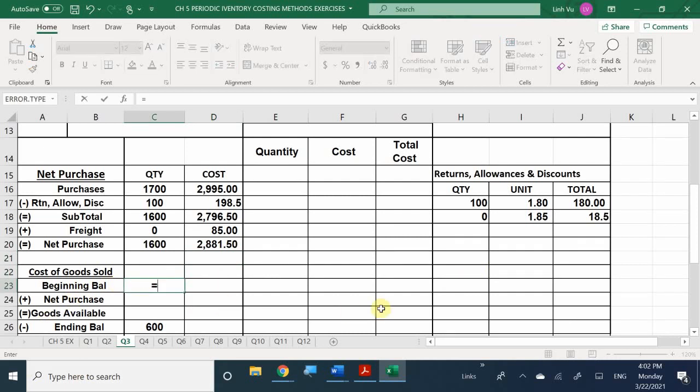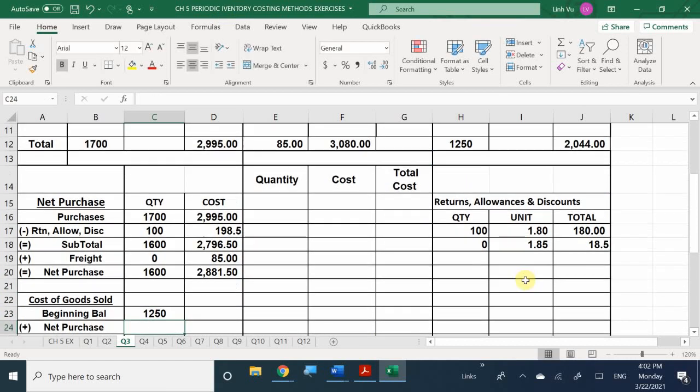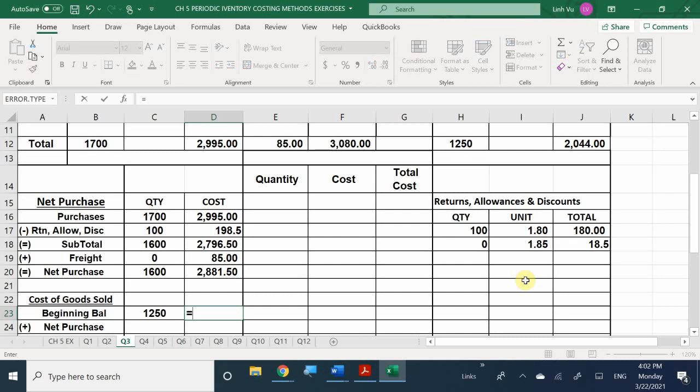So next we're going to be looking at our beginning balances. Do we have a beginning balance? Yes. Good. We have 1,250 at how much? At 2,044. Yep. Good.